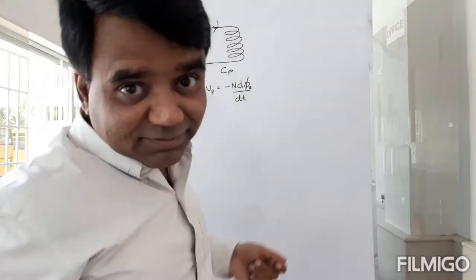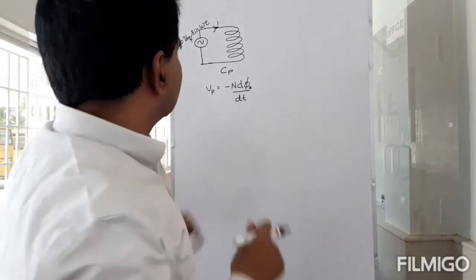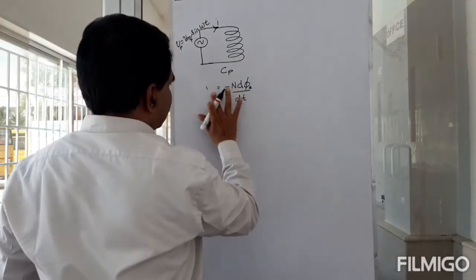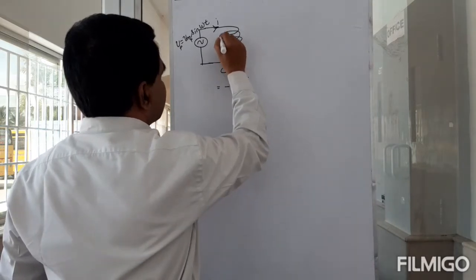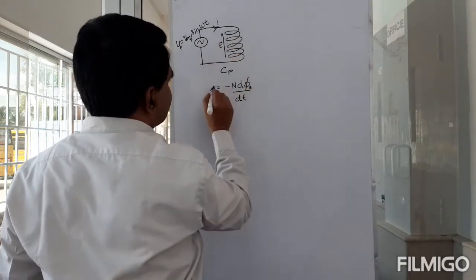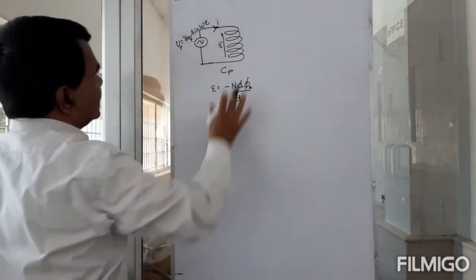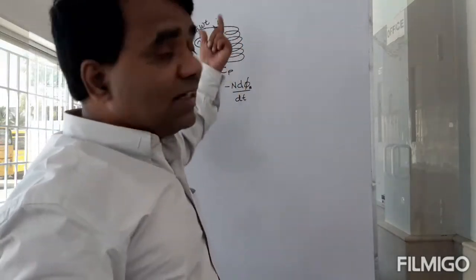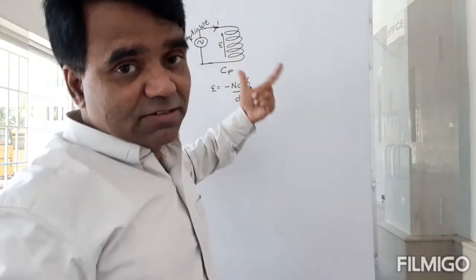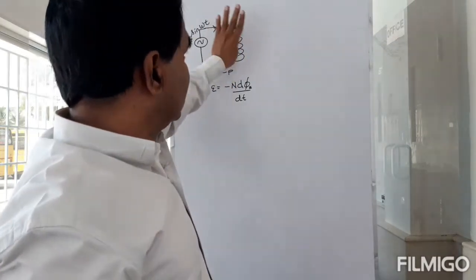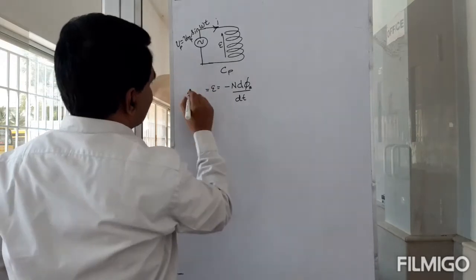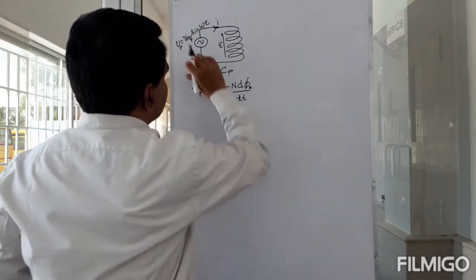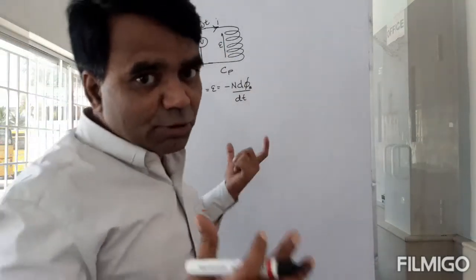I hope you agree. So this is actually equal to the back EMF that gets generated here. I'll call this E. And if there is an ideal inductor, there is no resistance in this inductor, then this will also be equal to V_p, because Kirchhoff's law has to be obeyed.